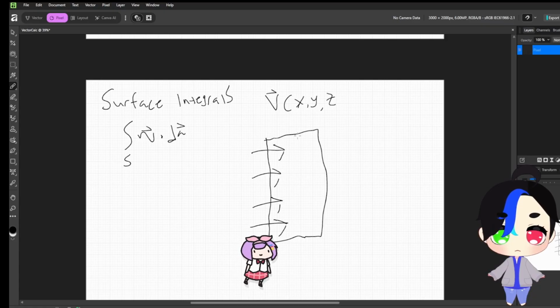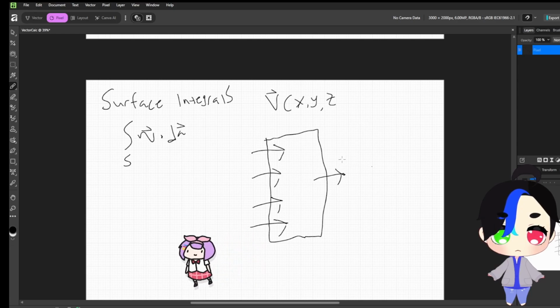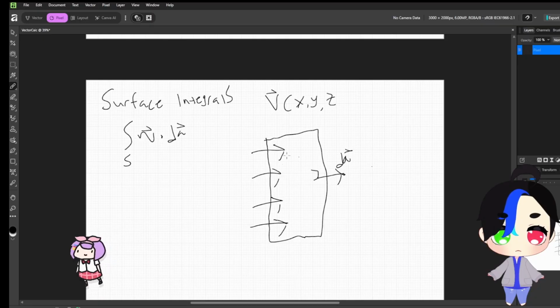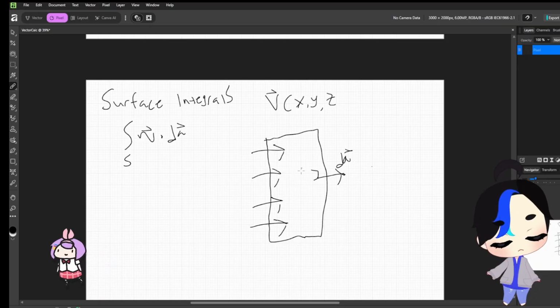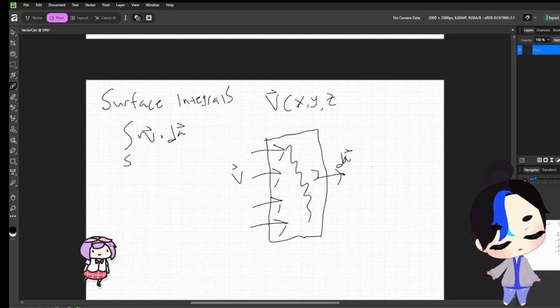Then what I can do is assign a vector to this surface area. Call it dA. This vector is defined as being perpendicular to the plane of the surface, right? That's a bit mathy, but that allows you to take the dot product with the vector field itself and then add up all the contributions that pass through this surface.